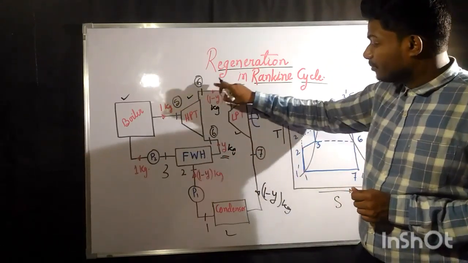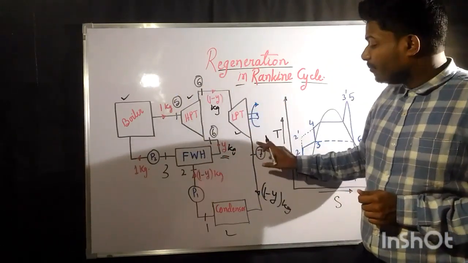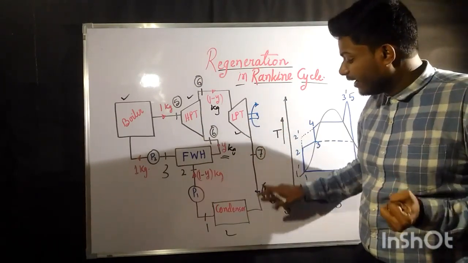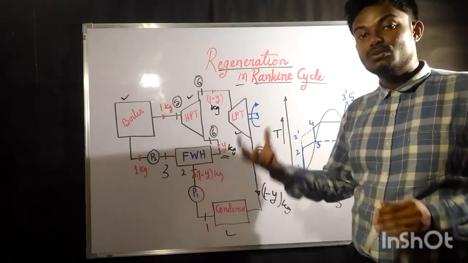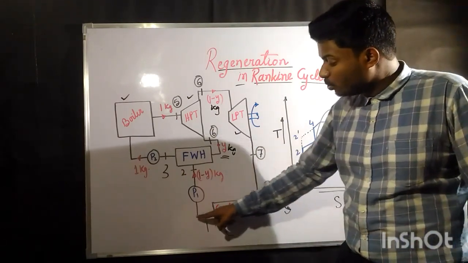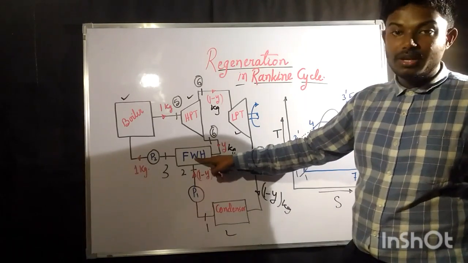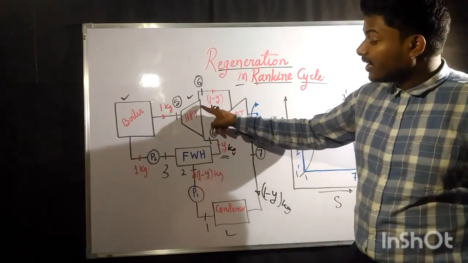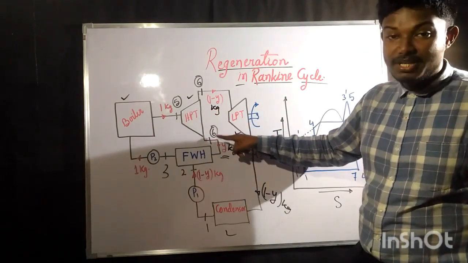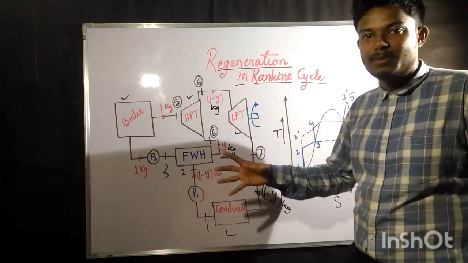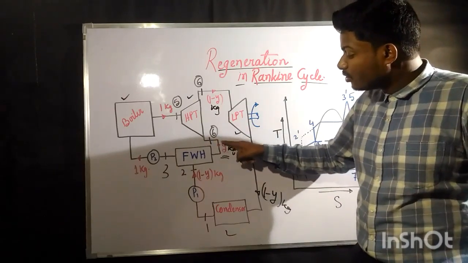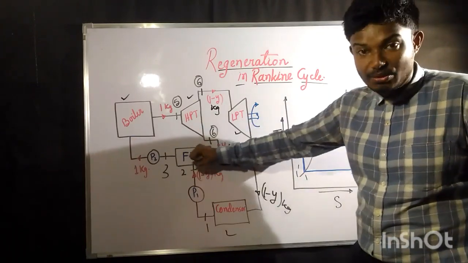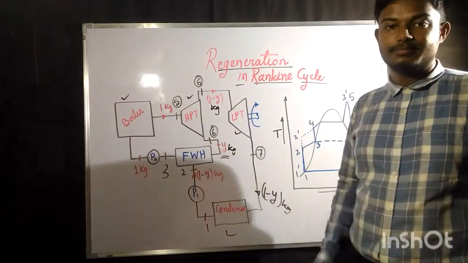Whatever steam has been expanded completely by the low pressure turbine gets cooled down after the expansion, and after passing through the condenser it is cooled down again. The cooled water that comes out is added to the feed water heater, and the partially expanded steam from the high pressure turbine is going to heat the liquid coming out from the condenser.